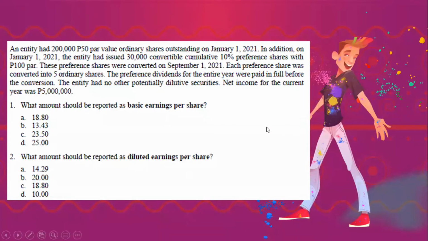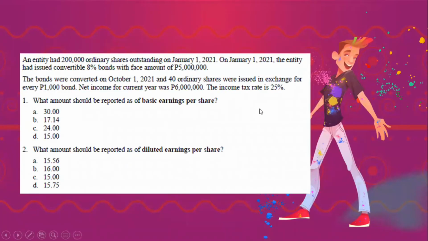Okay, so let's go to problem number 2. So requirements are, number 1, what amount should be reported as basic earnings per share? And number 2, what amount should be reported as diluted earnings per share? An entity had 200,000 ordinary shares outstanding on January 1, 2021.